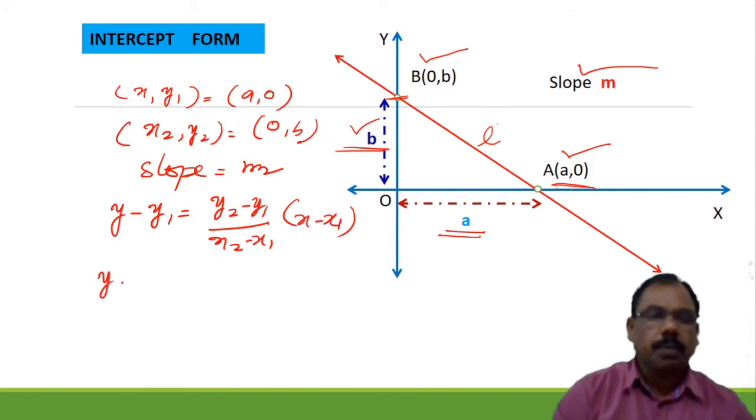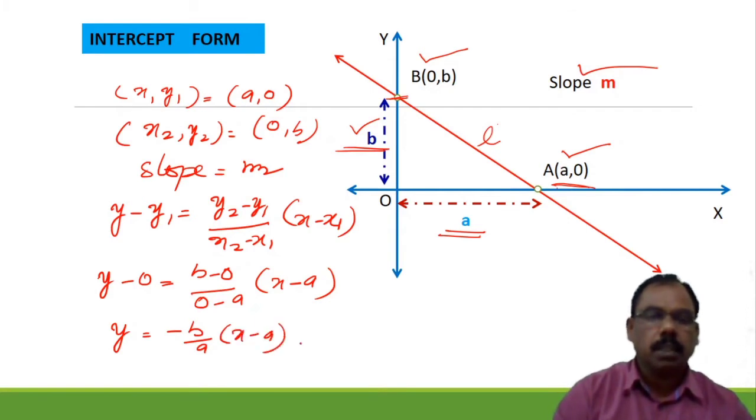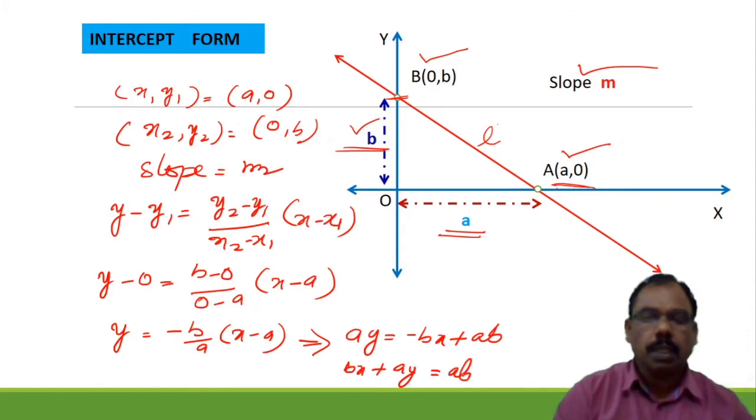Here, y minus y1, that is y minus 0, is equal to (b minus 0) divided by (0 minus a) into (x minus a), or y is equal to minus b by a into (x minus a), which implies ay is equal to minus bx plus ab, or bx plus ay is equal to ab.